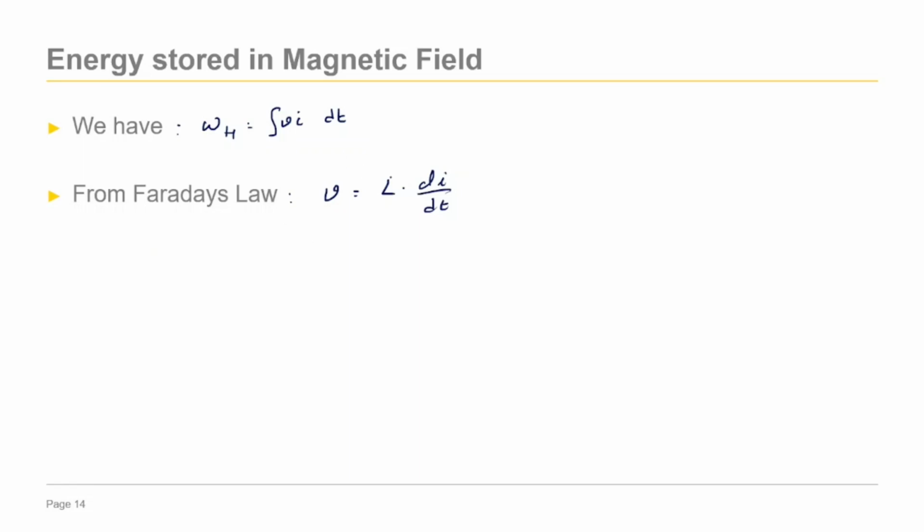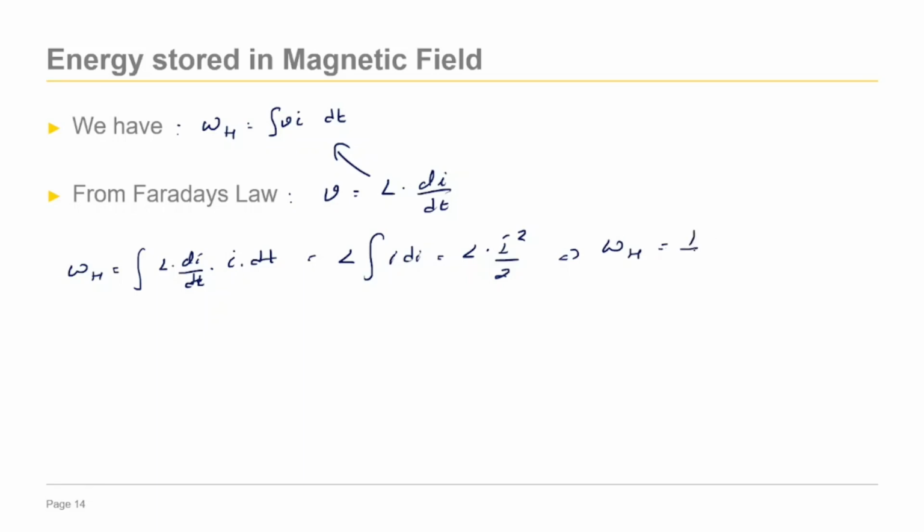Taking this substitution, our energy is going to be integral L di by dt, which is V, times I times dt. So dt and dt cancel out. What we have is L integral I di, or L times I squared by 2. That is what we have as the energy in an inductor, half L I squared. Another important relation.